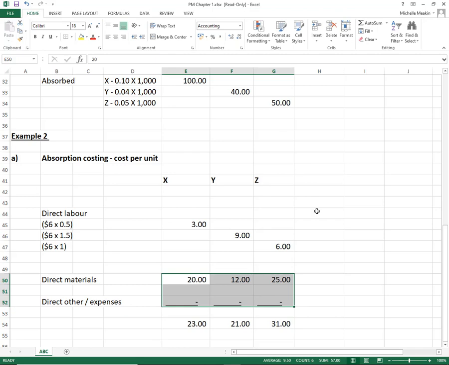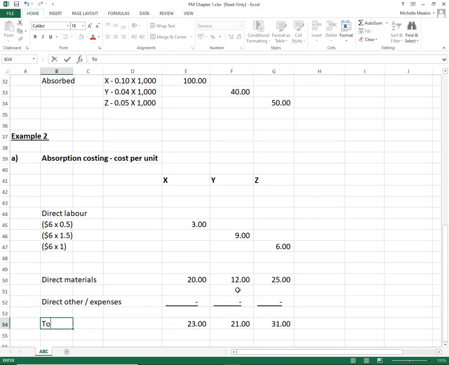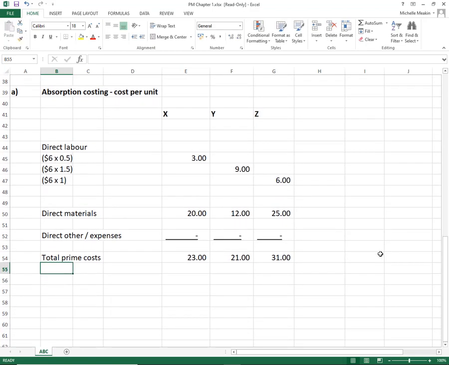The total prime cost per unit is very simply the total of our direct costs. So again, another management accounting term that you've learned previously within your studies. You then are given information on production overheads. You are told that production overheads are absorbed on a machine hour basis. The rate for the period is $28 per machine hour. So I'm going to now deal with my production overhead.